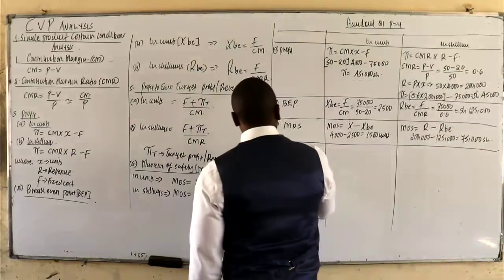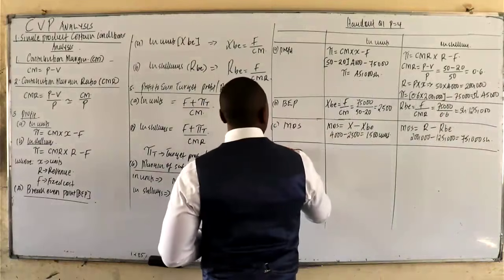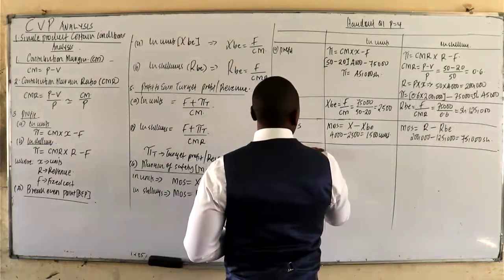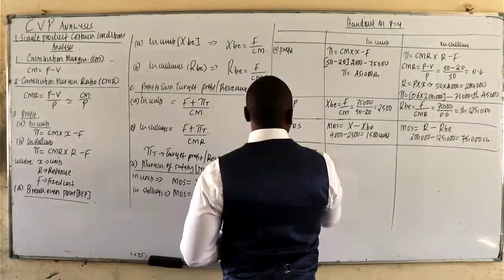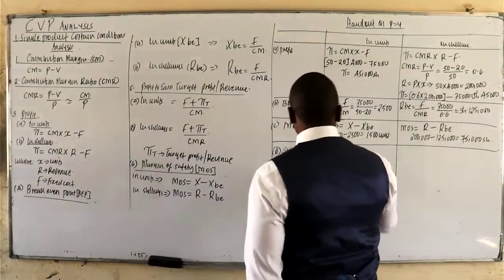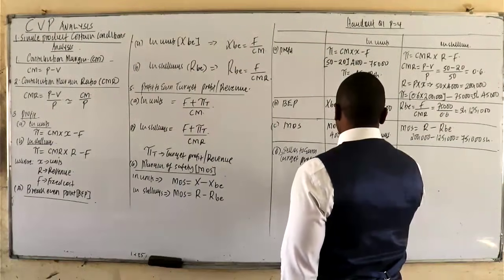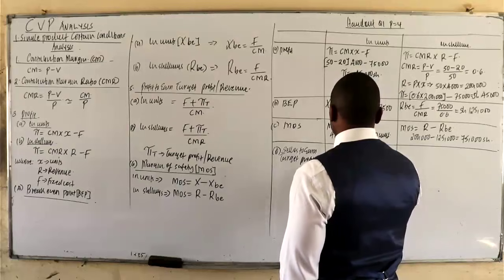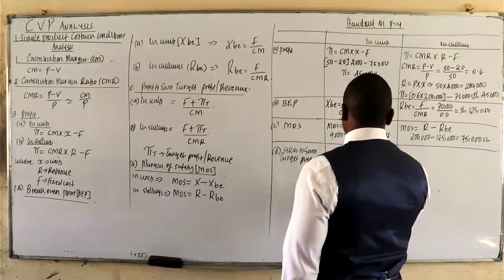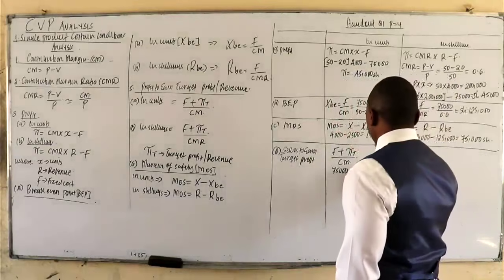And then lastly, number D, the sales to earn the target profit. In this case, we'll be taking the fixed cost plus the target profit over the contribution margin. Fixed cost is 75, but we have a target profit of 60,000.